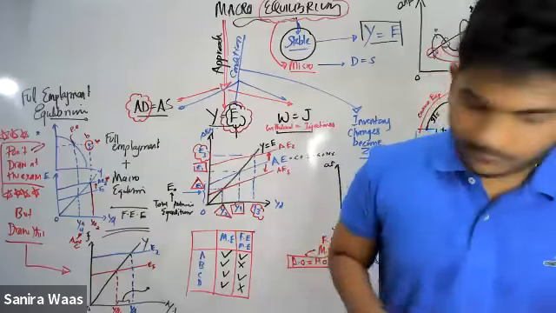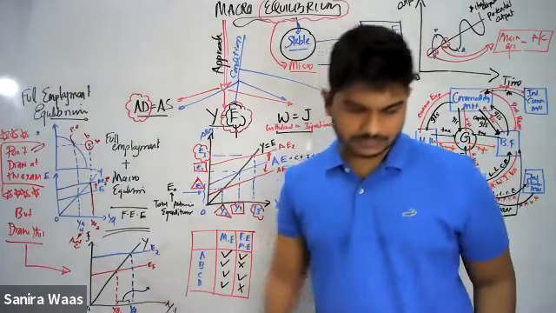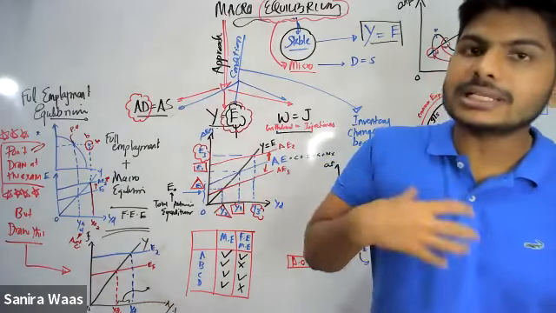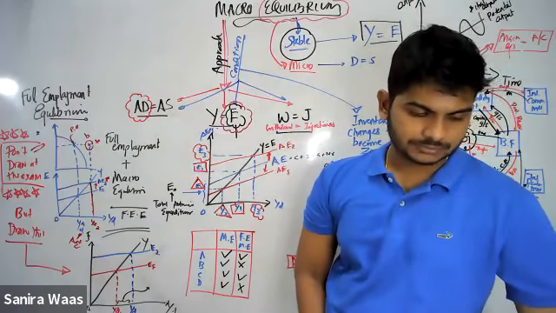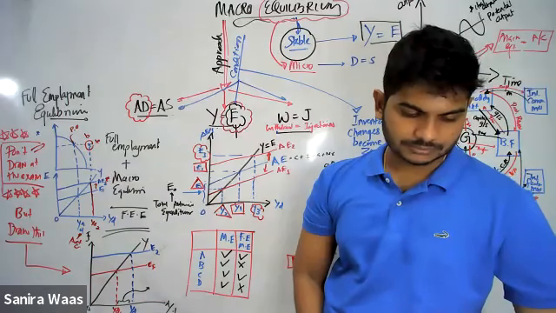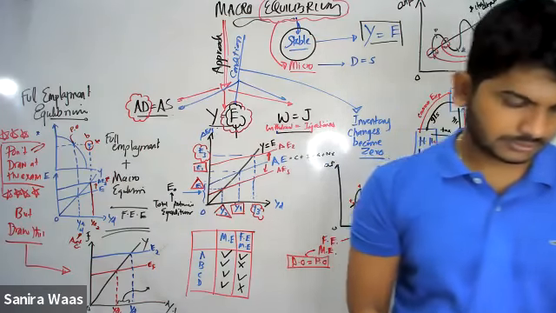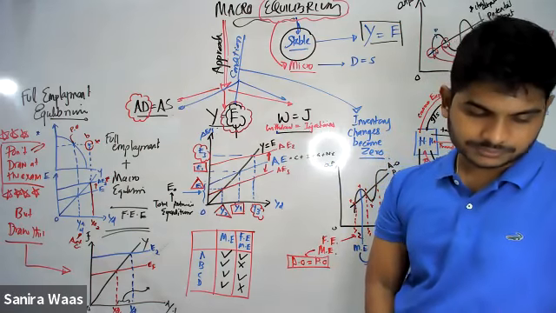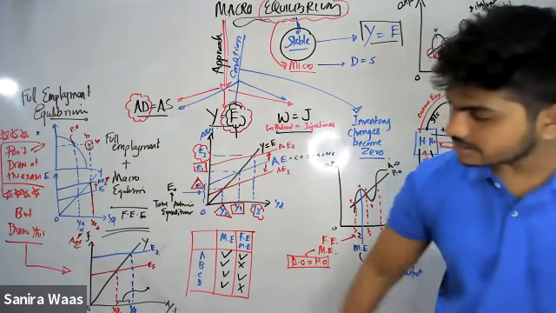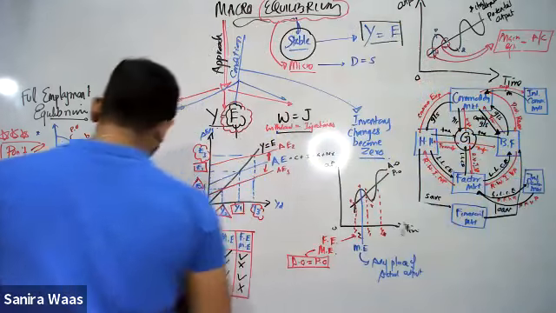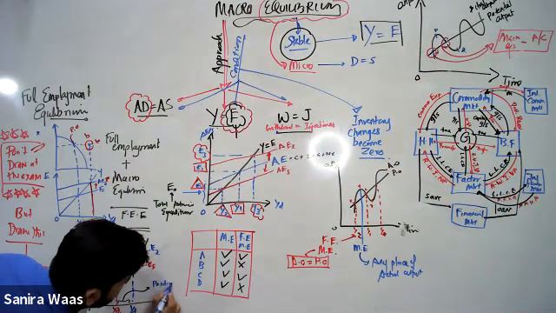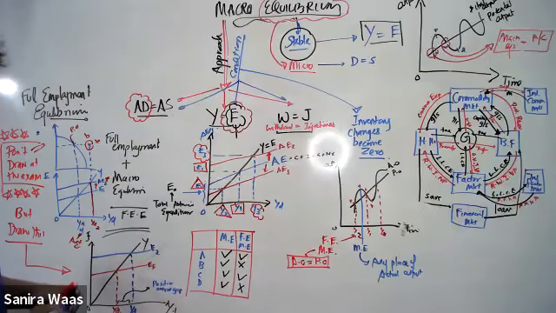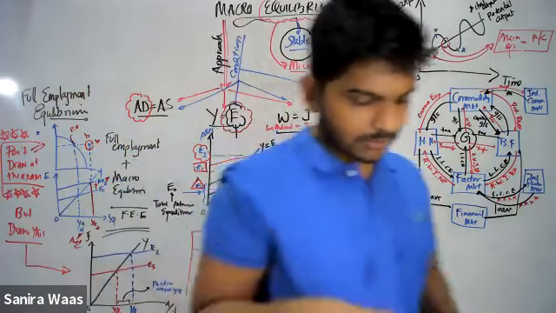What do we call the difference between the full employment equilibrium and our current macro equilibrium? Yes, what do we call it? Yes, we call this one the positive output gap.